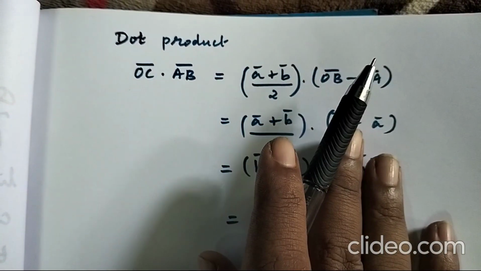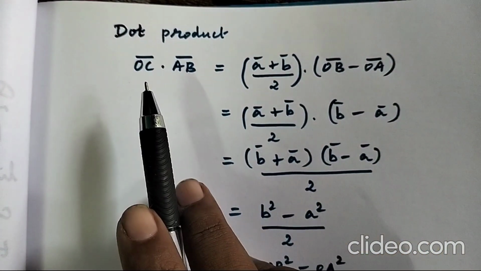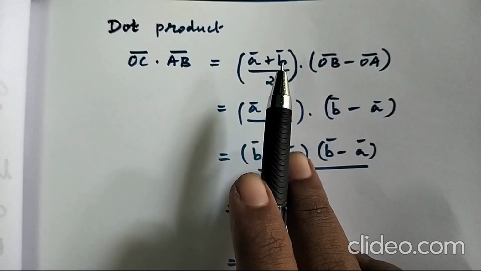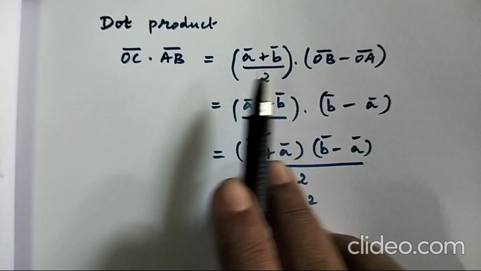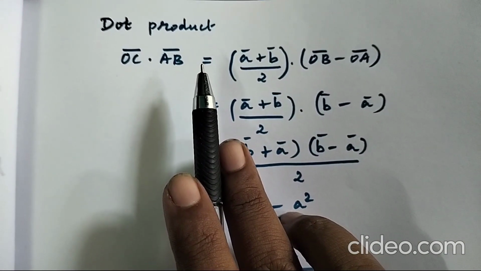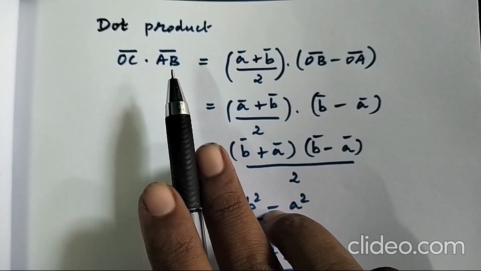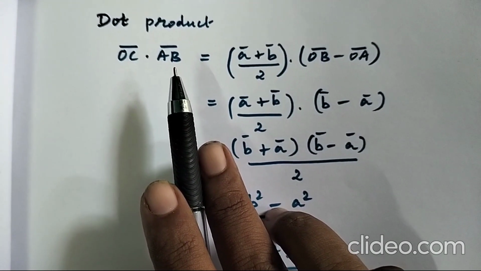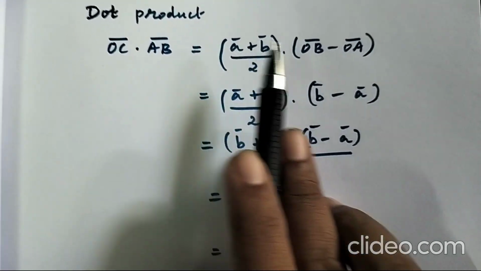We are going to check the value of the dot product now. What is OC? Already we have written the value, the average of the two radii, that is (a plus b) by 2 by property, dot product with AB. If we remember the circle, OA is a radius, OB is a radius. Therefore, the chord AB is a vector that is described by vector OB minus vector OA.